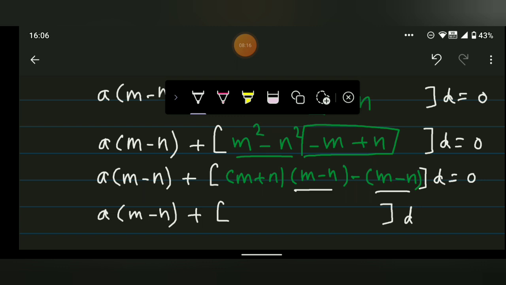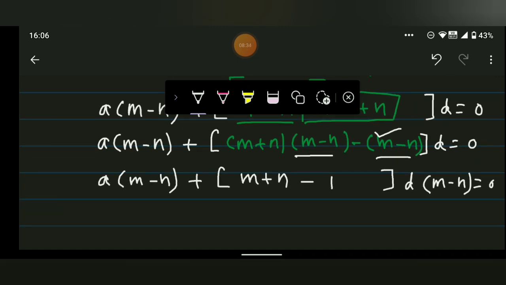Now we are having d into bracket m minus n, this is equal to 0, and what is left in the bracket is only m plus n, and minus this total bracket goes out of the bracket, so there is only 1.